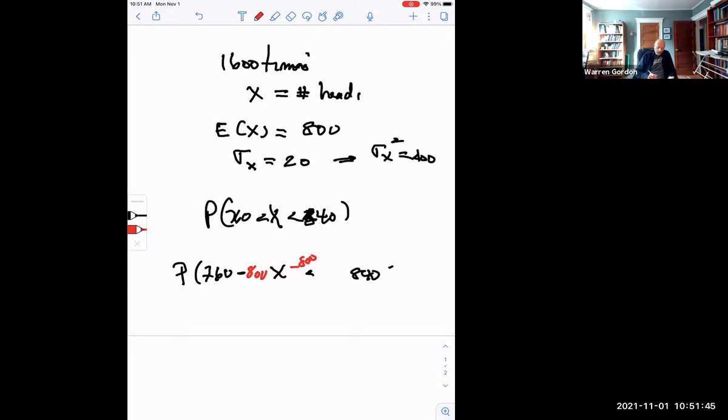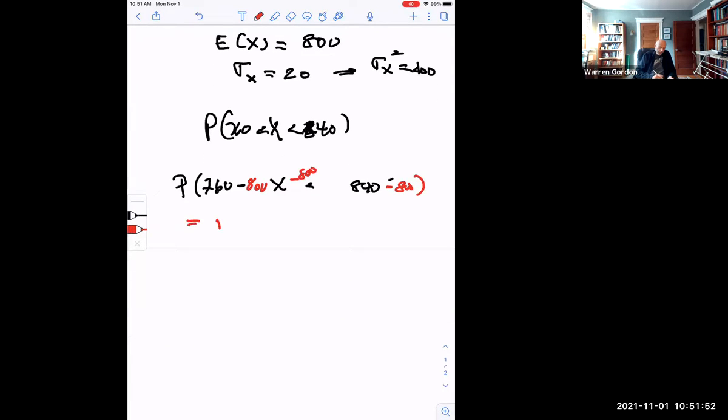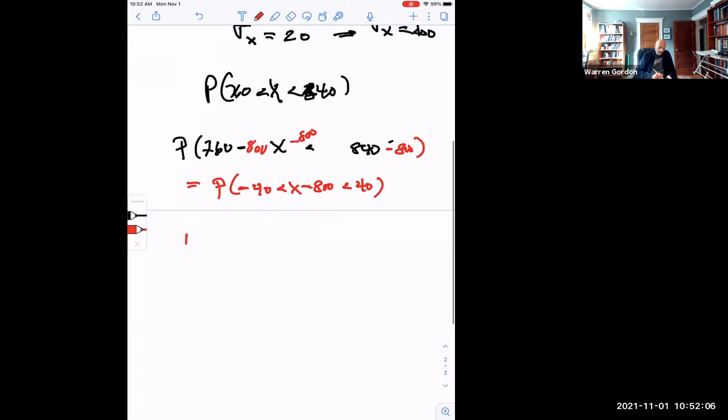What you do to one side of an inequality, you do to the other. So this is the probability that minus 40 is less than X minus 800, which is less than 40. Or the probability that the absolute value of X minus 800 is less than 40. So this is what the problem reduces to.